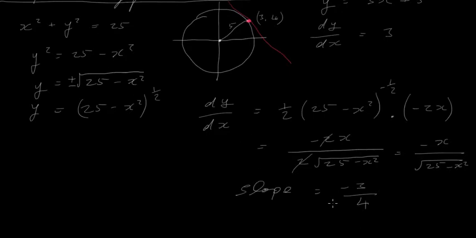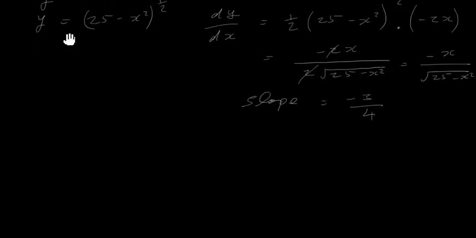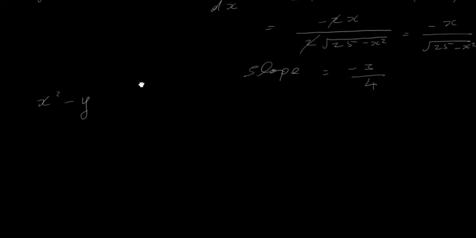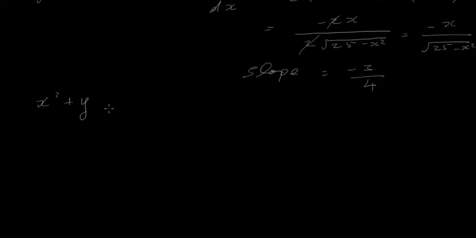Now we haven't done implicit differentiation at this stage, but if we were to take our original function, x squared plus y squared equals 25, I'm going to differentiate this implicitly.